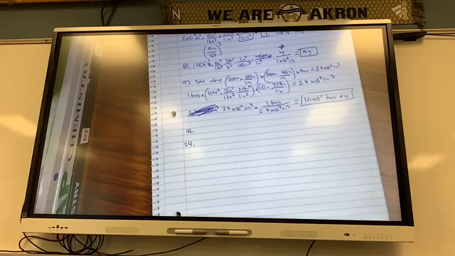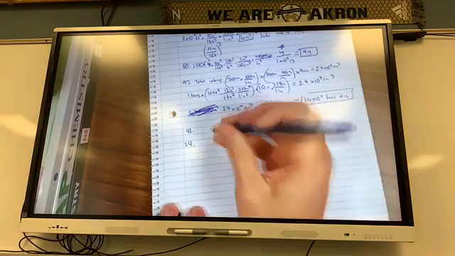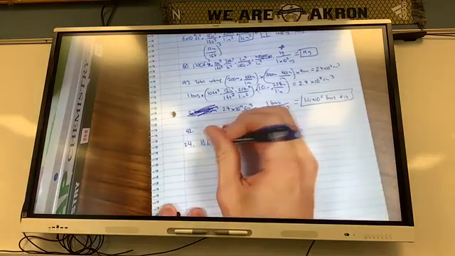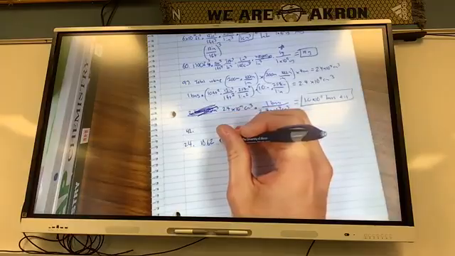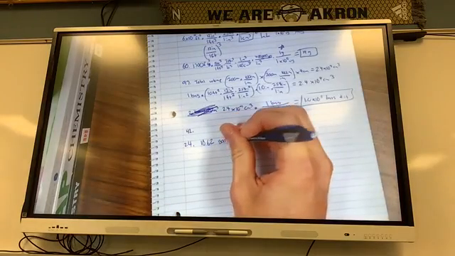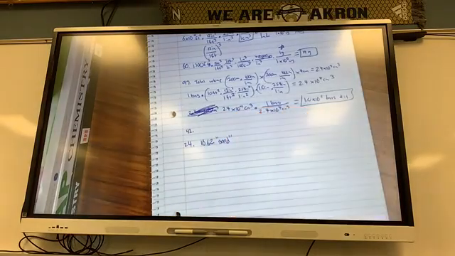So on this one, the true dimension of the cube is 10.62 centimeters. So if I'm looking at A, 10.62 is the actual. Let's call that good.